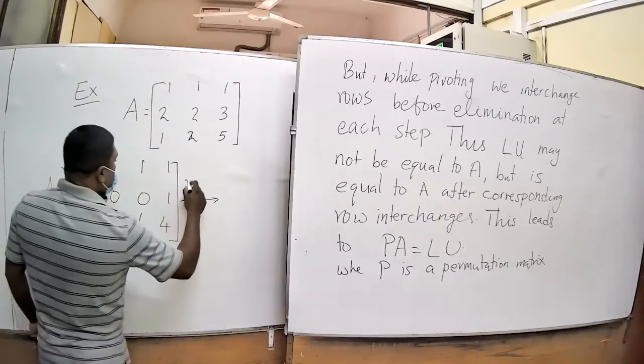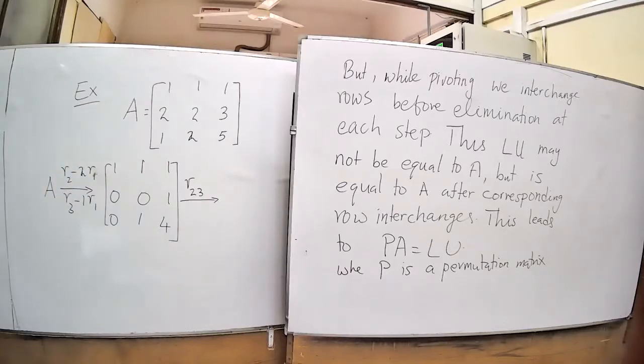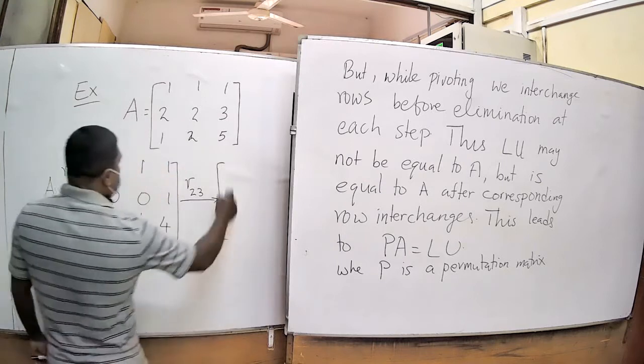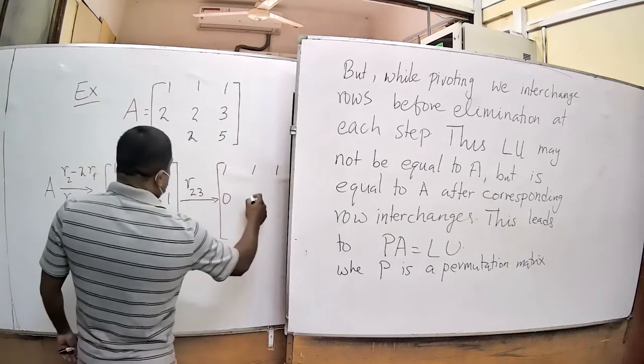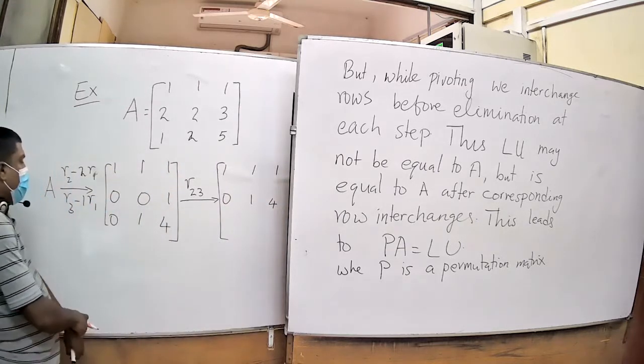So you do R23, interchanging the rows. This gives 1, 1, 1, then 0, 1, 4, and then 0, 0, 1.